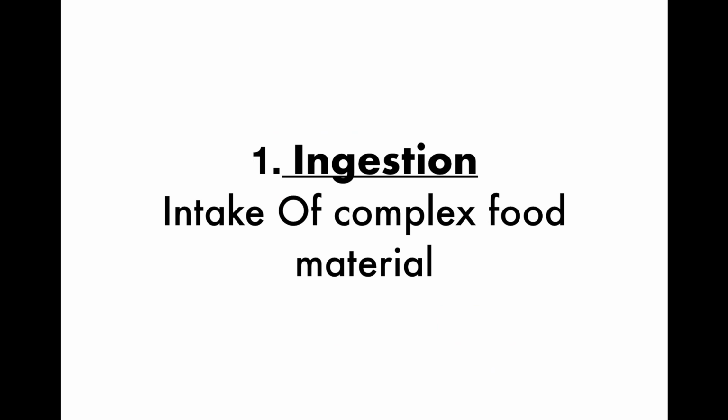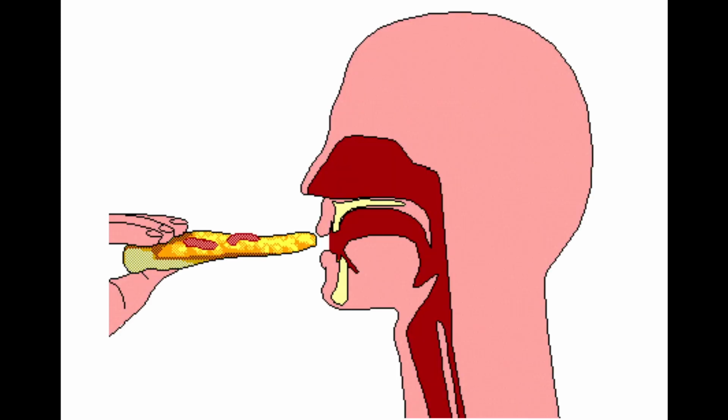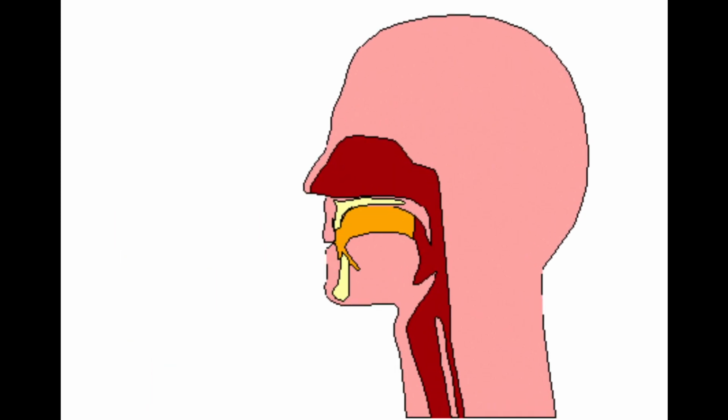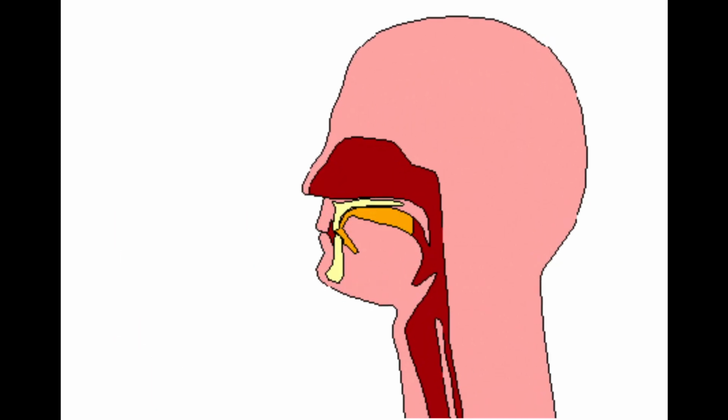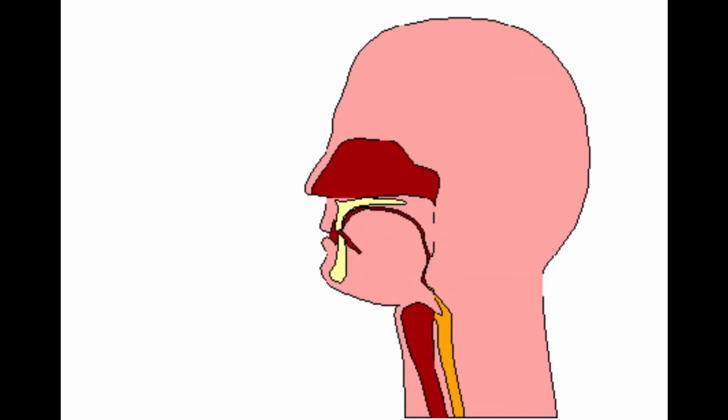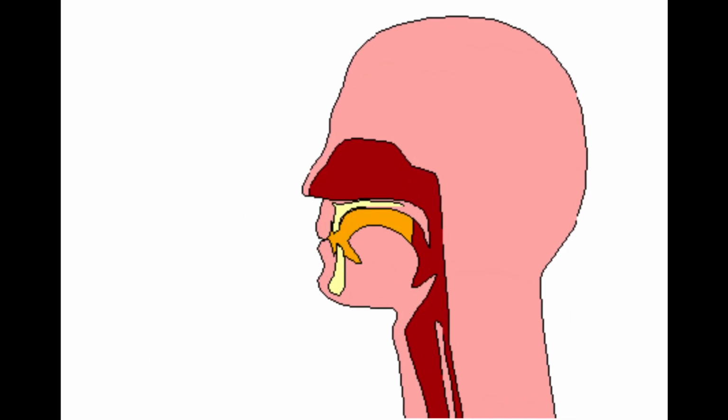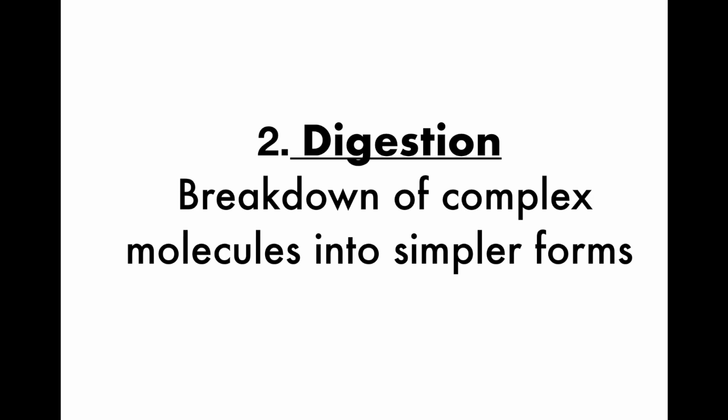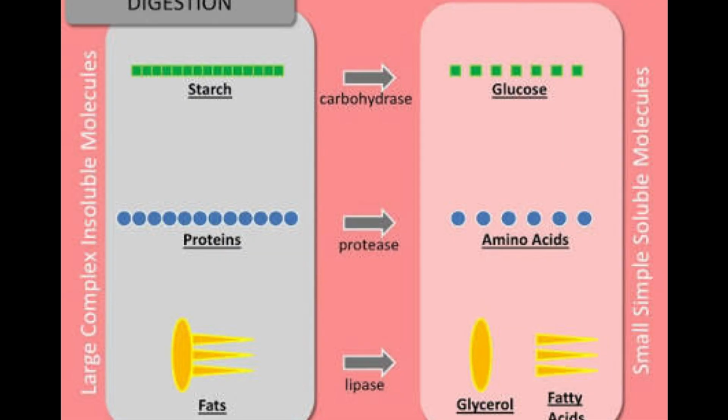First of all, ingestion. Ingestion takes place by intake of complex food material made up of polymeric molecules like carbohydrates, proteins, and fats, followed by digestion or breakdown of complex molecules like carbohydrates, proteins, fats into shorter chains and further into monomers.